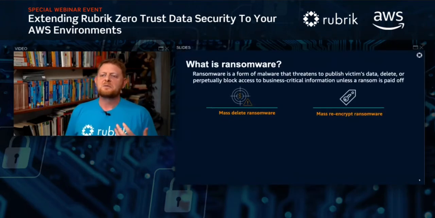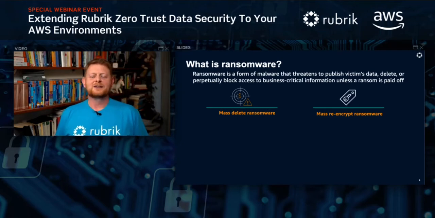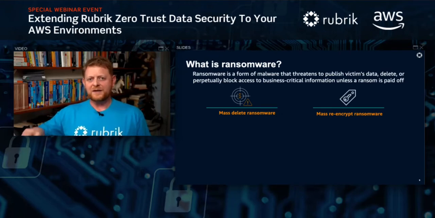And when we start talking about ransomware, if you turn on the TV, you see ransomware on the news, and there's a number of different things that happen when we call something a ransomware attack. The two main focuses are ransomware whereby we're seeing mass deletions of data. This is typically the stuff that we see whereby an attacker gains a foothold, and once they gain that foothold, they'll sit there inside your network.